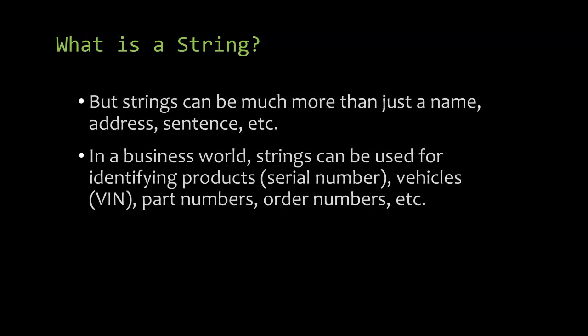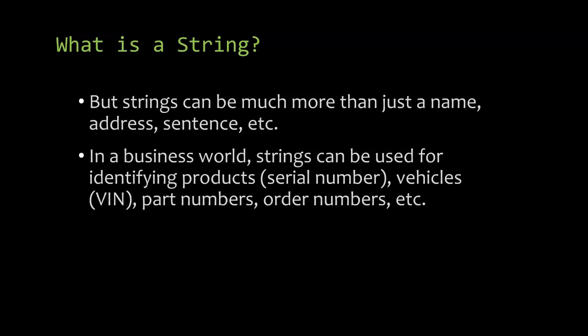But strings can be so much more than just a name, an address, a sentence, or whatever. In the business world, strings can be used for many, many things. They can be used for identifying products, like serial numbers, a vehicle identification number, part numbers, order numbers, etc. I know I keep using the word number there, but for the most part, the number isn't anything we're going to do calculations with.